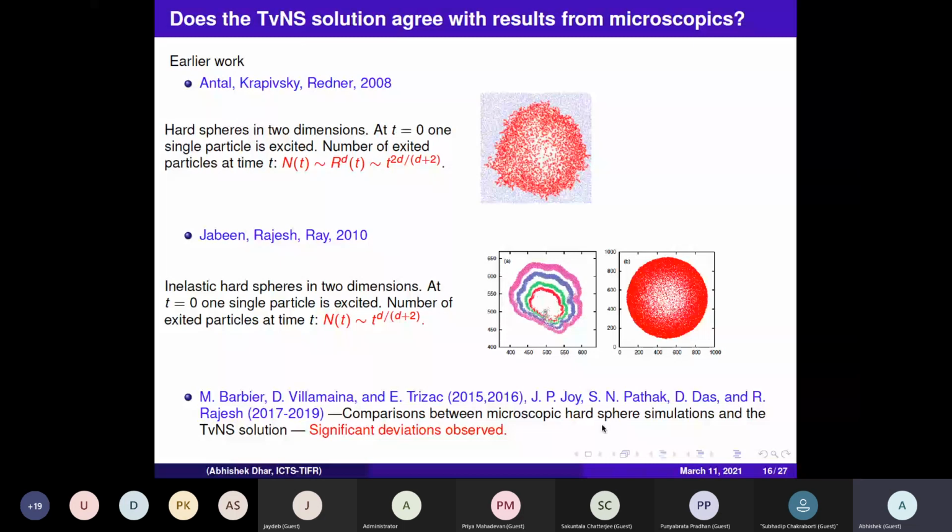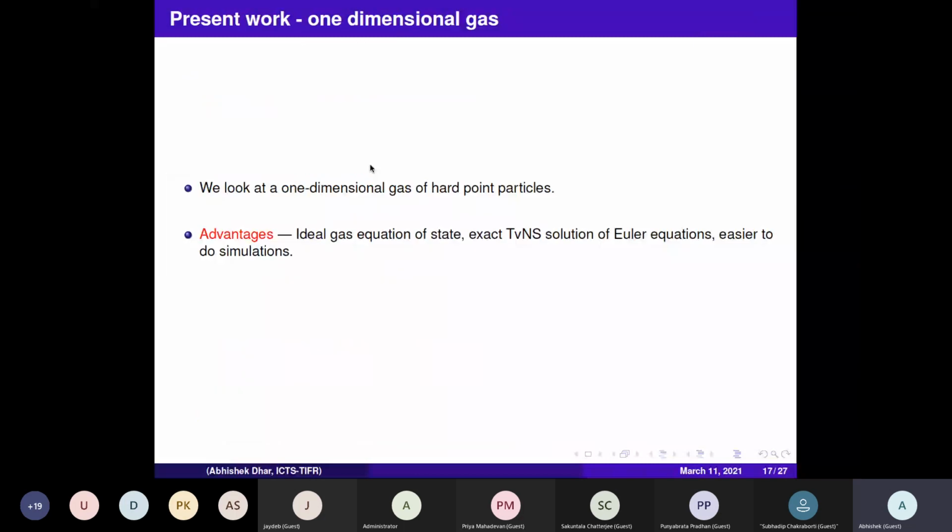And what we wanted to see is what happens in 1 dimension. So let me say why 1 dimension. We look at a 1-dimensional gas of hard point particles. The main advantage compared to a hard sphere system in higher dimension is that for hard spheres, you don't know the equation of state, because for that you need a virial expansion and so on.